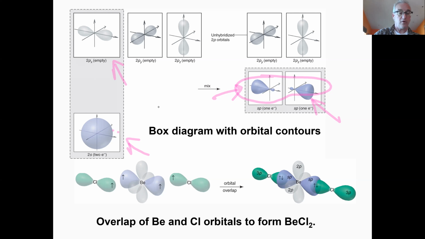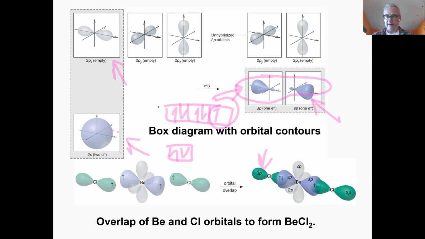So chlorine would have 1, 2, and then in the p orbitals, 1, 2, 3, 1, 2, 3, 4, 5, for a total of 7. So it's this electron right here that's actually for bonding. The 3p electron from chlorine, that's the single electron, overlaps with the sp hybrid orbital of beryllium, one on one side, one on the other side, and you get a linear molecule.